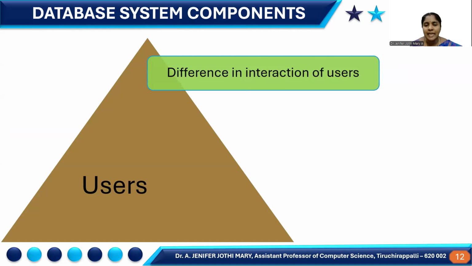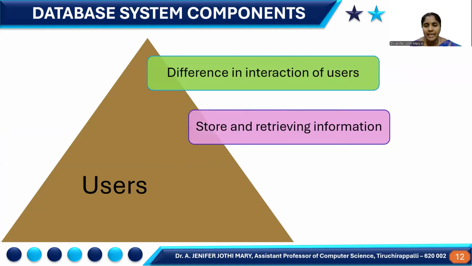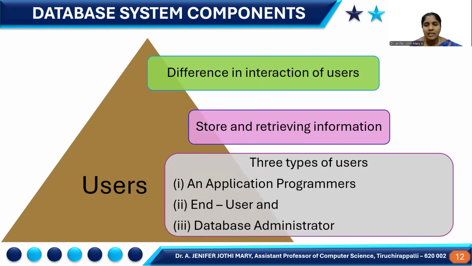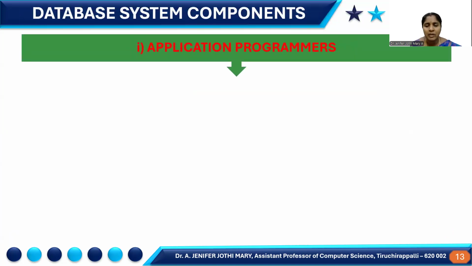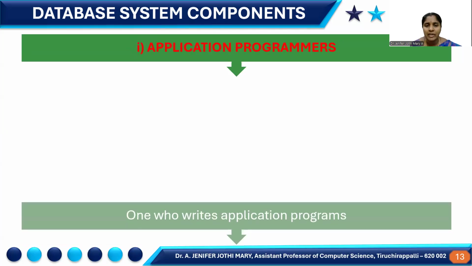Here, the user can interact in different ways with the database in terms of storing and retrieving the information. There are three kinds of users. First, application programmers. Second, end users. And third, database administrators. Who are called application programmers?